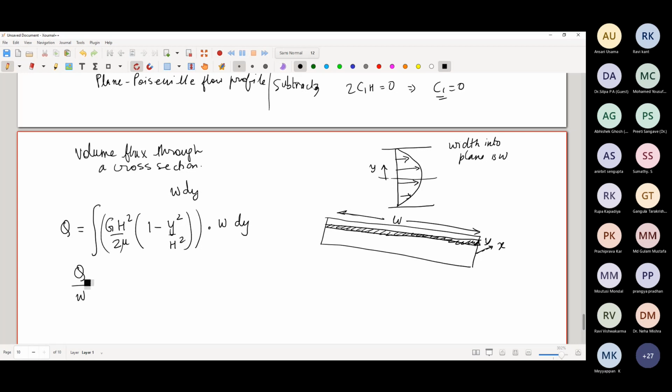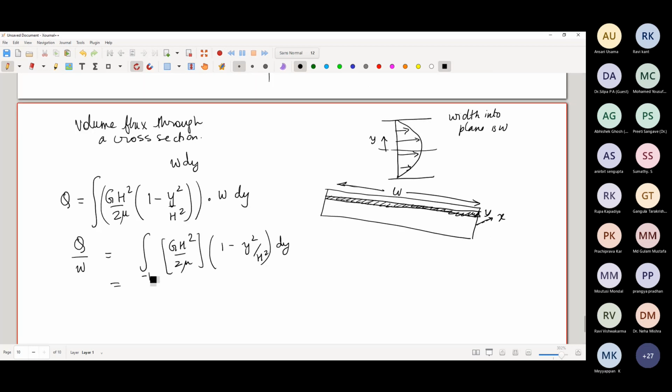So the flux per unit width will be the integral of Gh square over 2 mu times 1 minus y square over h square dy. This is all constant, so it can come out of the integration, and the integration goes from minus h to plus h.